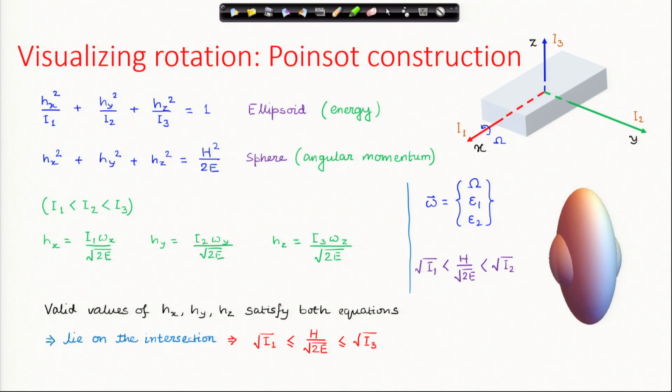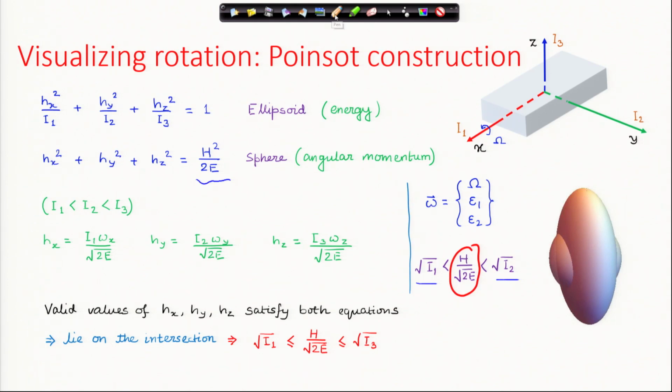If there has to be an intersection, then this must be the condition satisfied by the radius of the sphere. This is the radius square, so this is the radius of the sphere. The radius of the sphere must be greater than the lowest semi axis and the intermediate semi axis. In that case, I have this intersection.